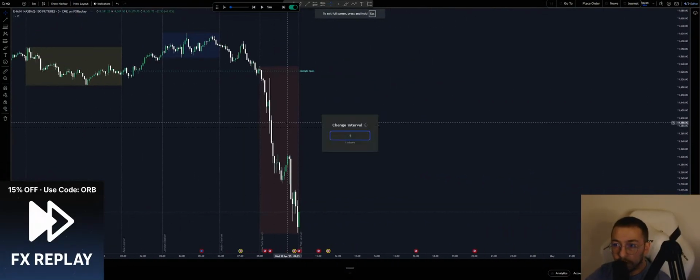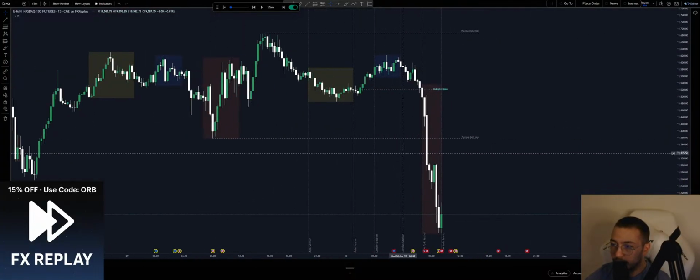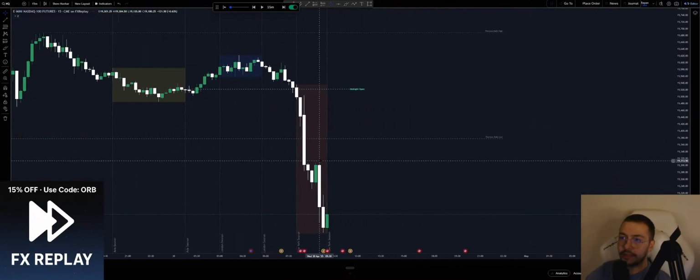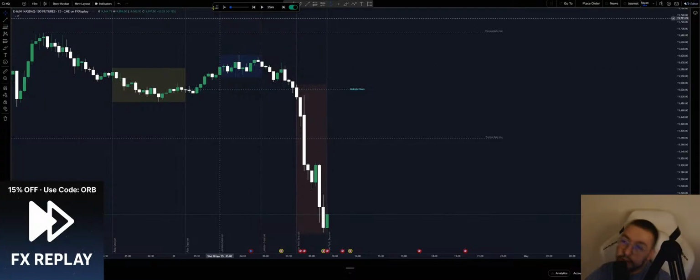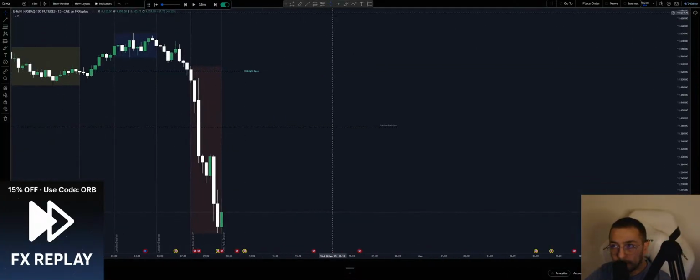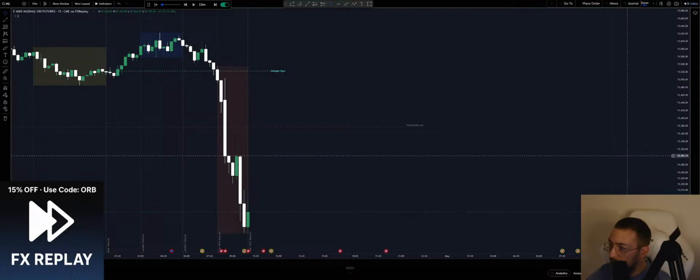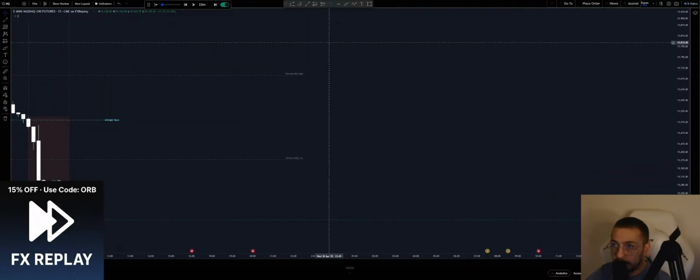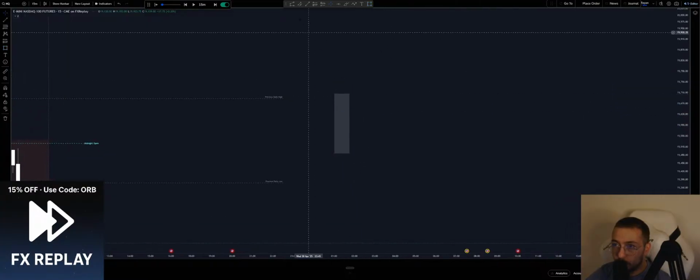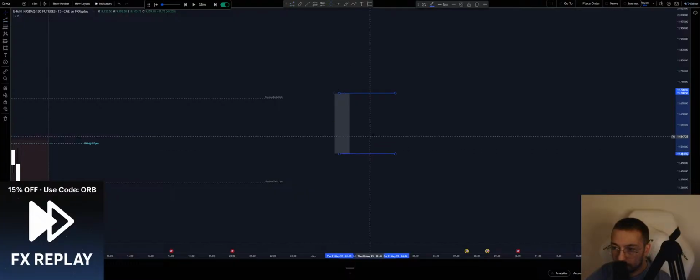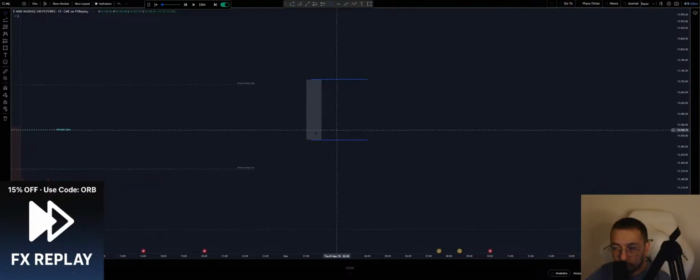So I'm gonna be explaining the strategy. The strategy is very simple, right? First of all, we have the 15-minute candle, the 9:30 15-minute candle. We mark the high and the low of the candle. Then we go to the 1-minute time frame.